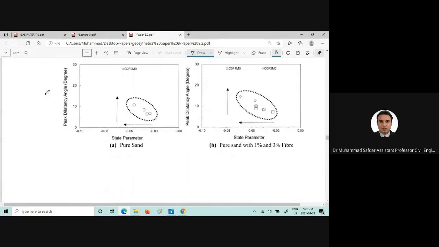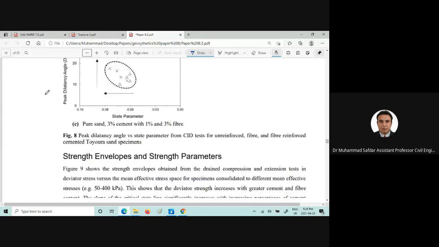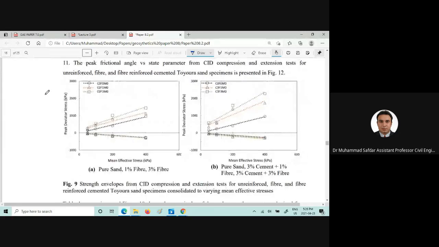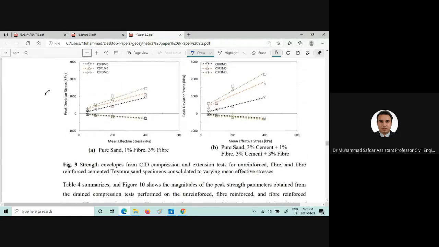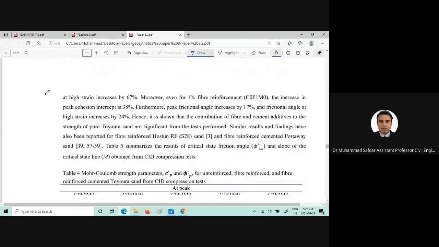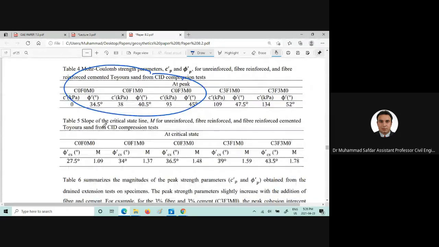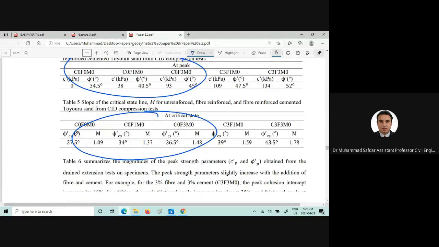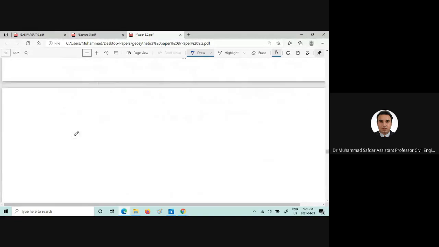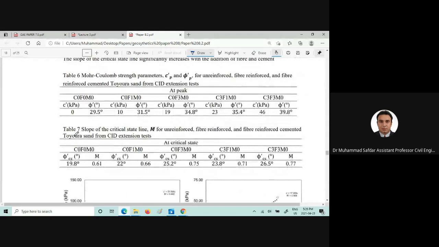So peak dilatancy angle, how it changes with the addition of cement and fibers, and strength envelopes, how we can find out the phi and c intercept from those. These are the peak friction angles and the cohesion intercepts. These are the phi and c, and I would call that phi prime at the critical state friction angles from the consolidated drained test in compression and extension.